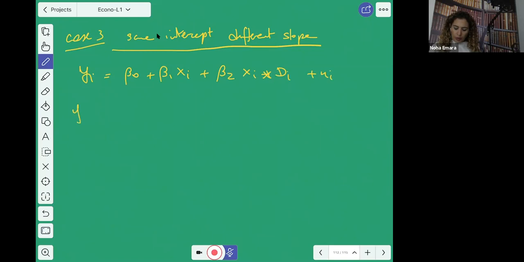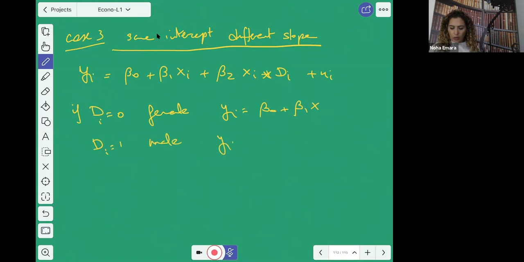Now, again, if d is equal to 0, this is the female's regression, right? So yi is equal to beta naught plus beta 1 x. If di is equal to 1, this is the male regression, then yi is equal to beta naught plus beta 1 plus beta 2, right, xi.